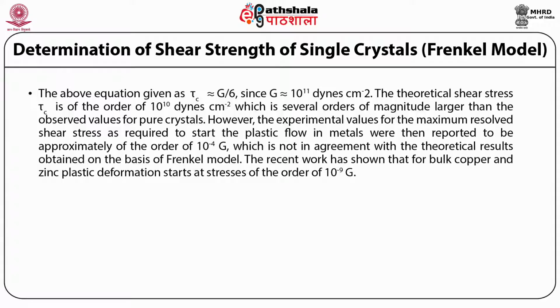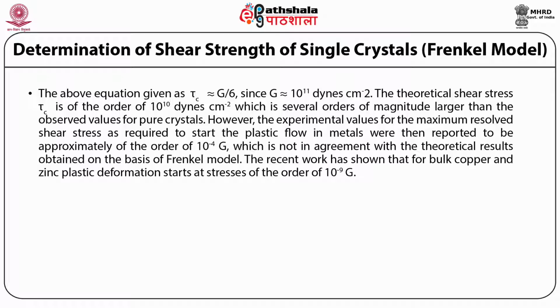The above equation gives tau c equal to G by 6. Since G is of the order of 10 raised to power 11 dynes per square centimeter, the theoretical shear stress tau c is of the order of 10 raised to power 10 dynes per square centimeter, which is several orders of magnitude larger than the observed values for pure crystals.